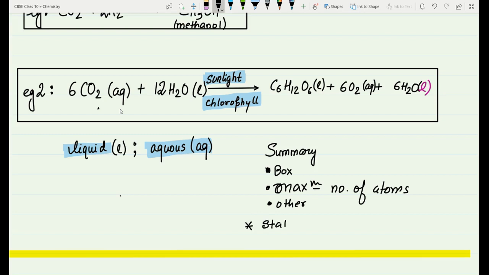We can write the states which can be solid, liquid, gas or aqueous, and we can also write the temperature, pressure, etc.